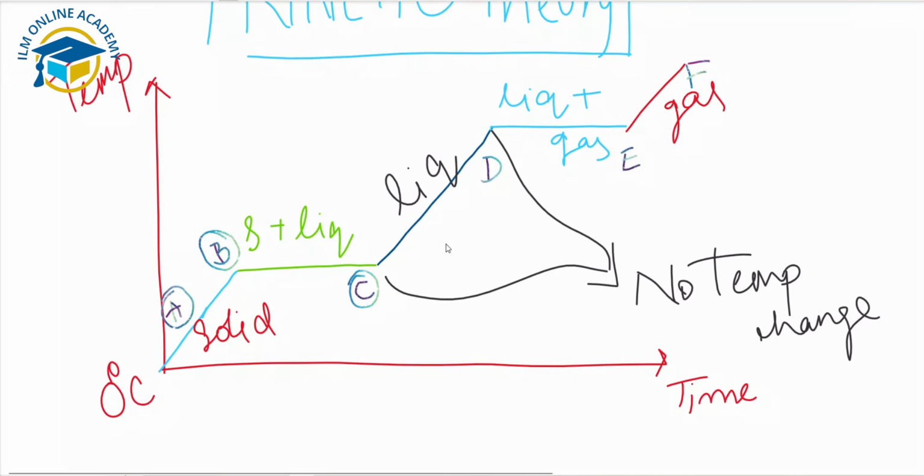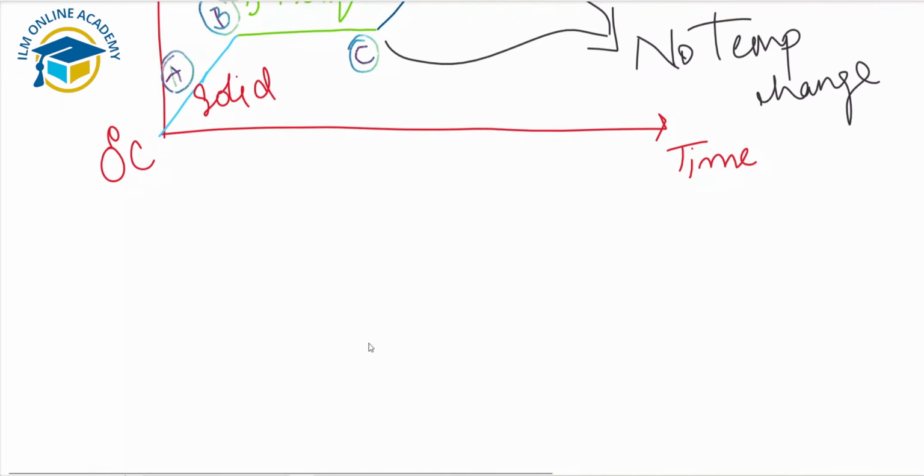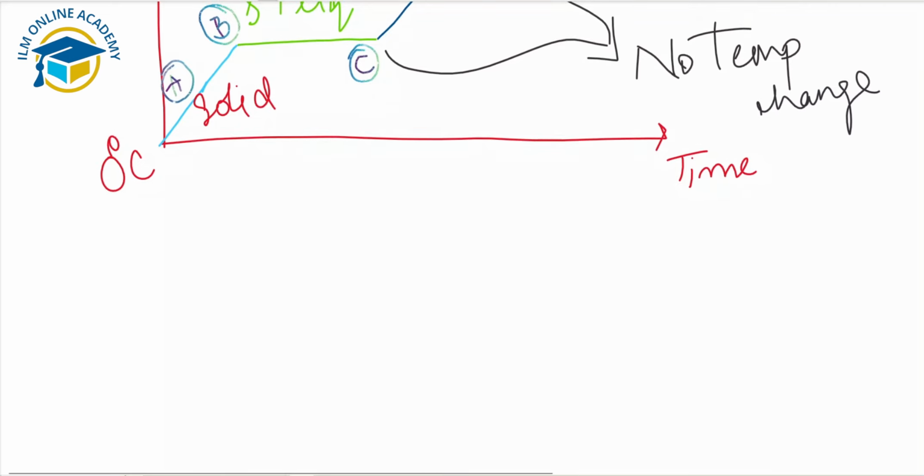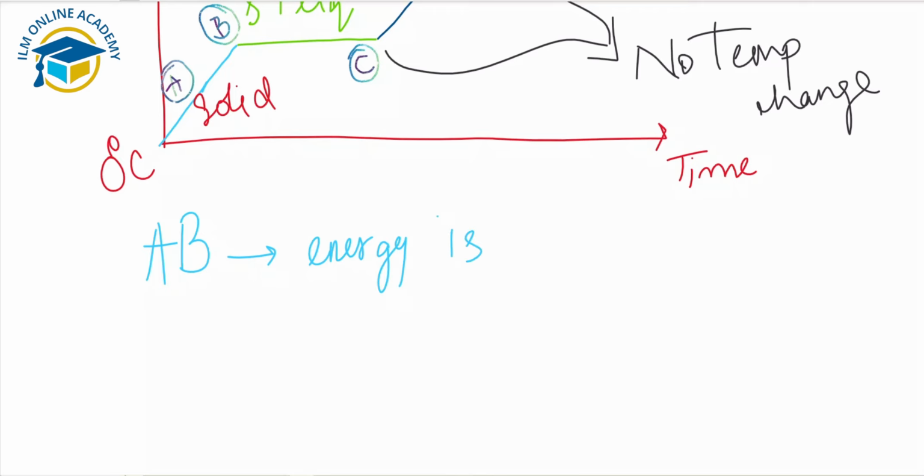First of all, in A to B, what will happen? Energy is given to the particles for warming up. Energy is given and the particles vibrate.